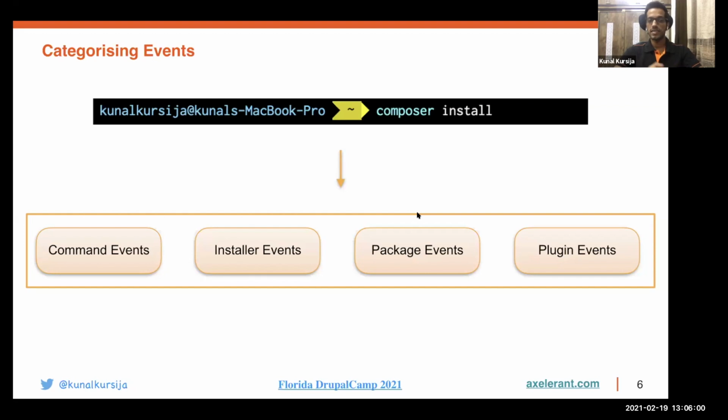Command events are fired when you execute any type of Composer command. Later on, you have installer events. When you install new packages, or when you run, let's say, composer install or composer require, at that time these installer events get fired.